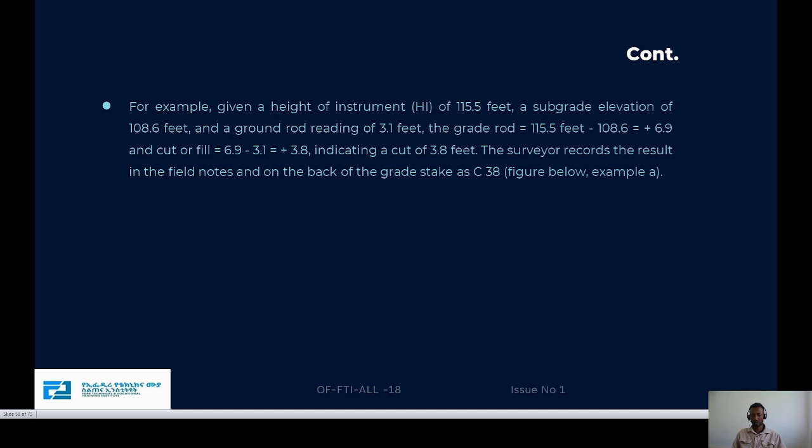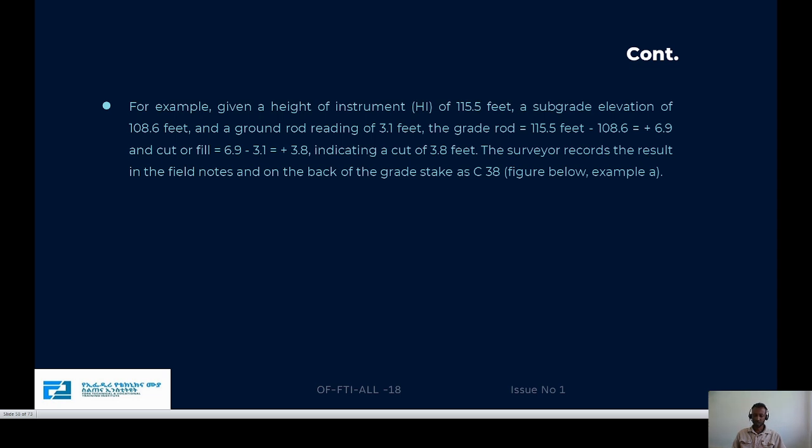The grade rod is calculated as the height of instrument minus the subgrade elevation: 115.5 feet minus 108.6 is a positive 6.9. Since it is positive, the cut or fill is calculated as 6.9 minus the ground rod, which gives a positive 3.8. It is positive, so it indicates a cut.